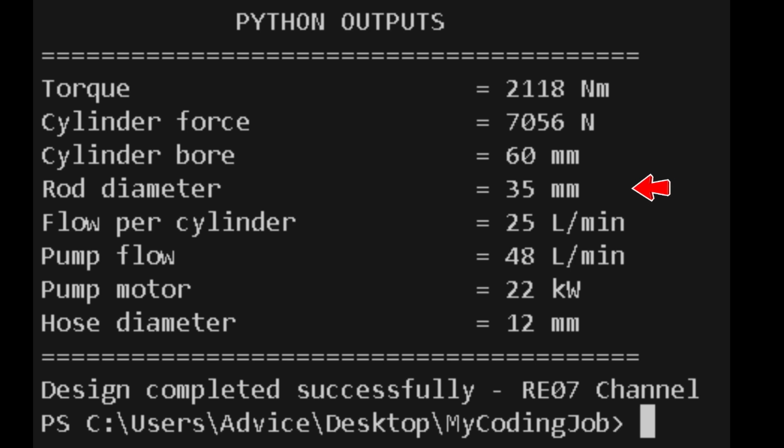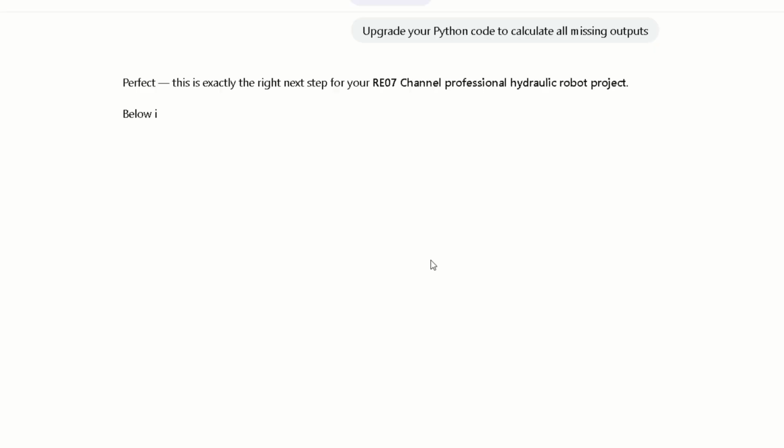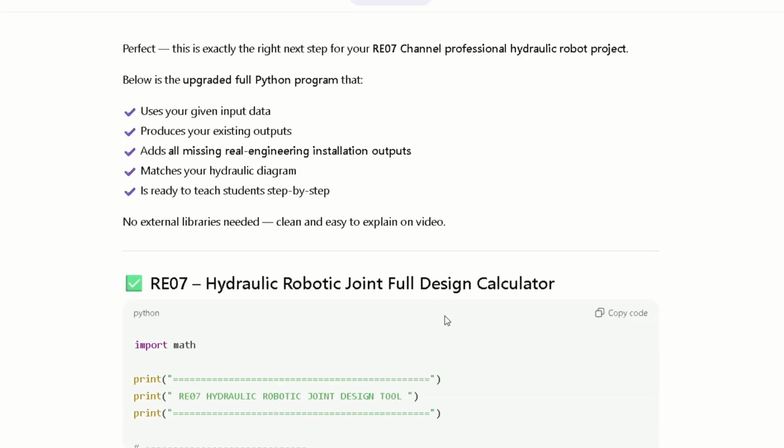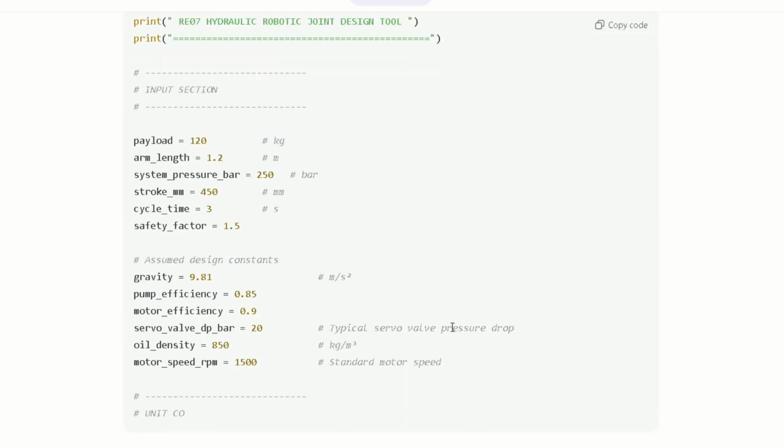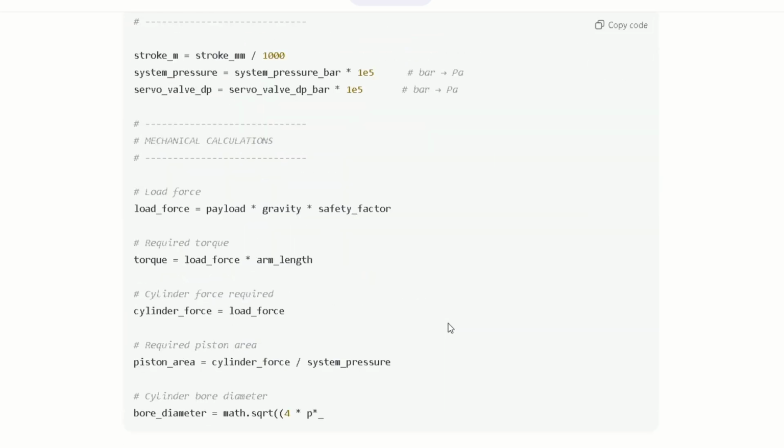Pump flow equals 48 liters per minute. Pump motor equals 20 kilowatts. Hose diameter equals 12 millimeters. These results match real industrial hydraulic design values. This is exactly what a hydraulic engineer would calculate manually, but now automated by Python.